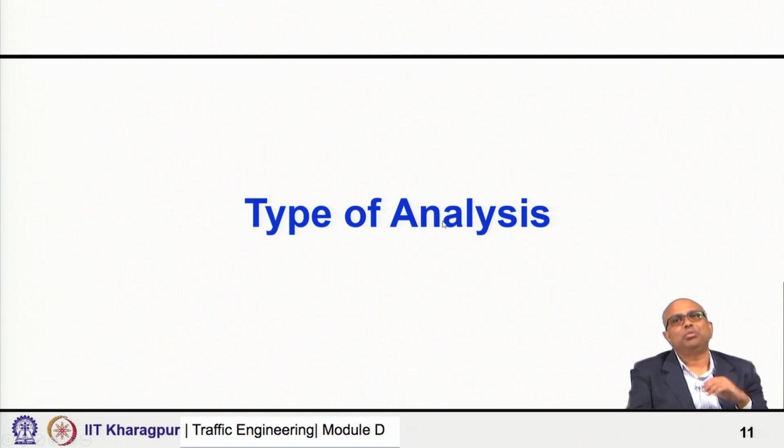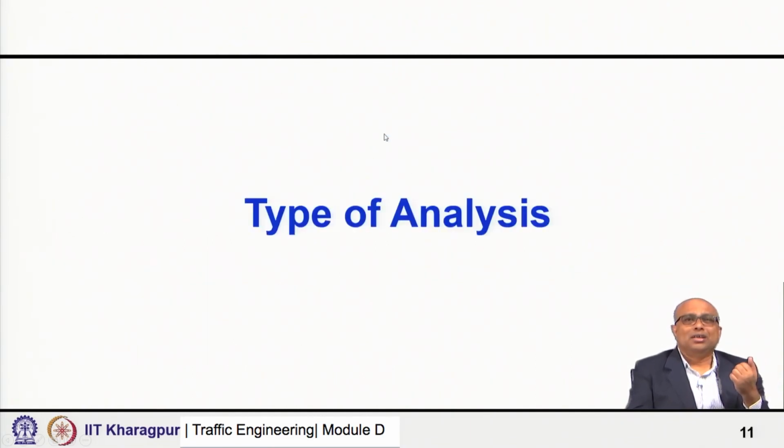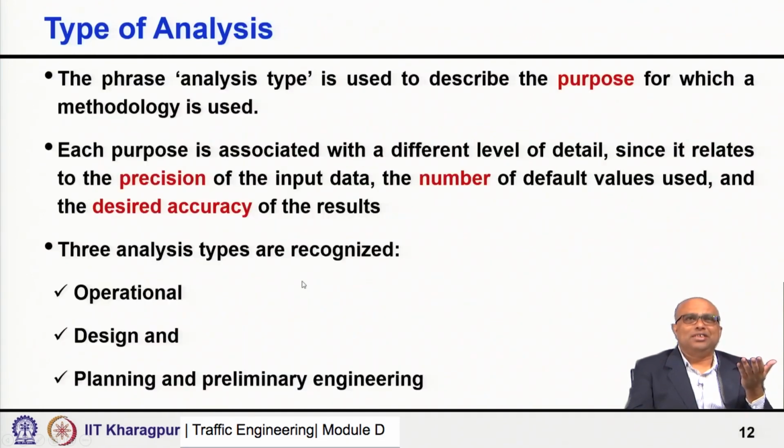Now, going to the type of analysis, what kind of analysis we want to do. What we discussed so far was the background, and then the type of control and system of operation, coordinated, non-coordinated and so on. The phrase analysis type is used to describe the purpose for which the methodology is used, for what purpose we are doing this analysis.